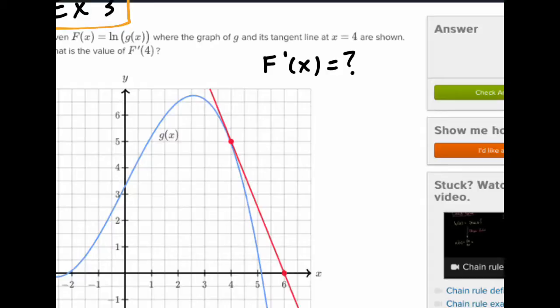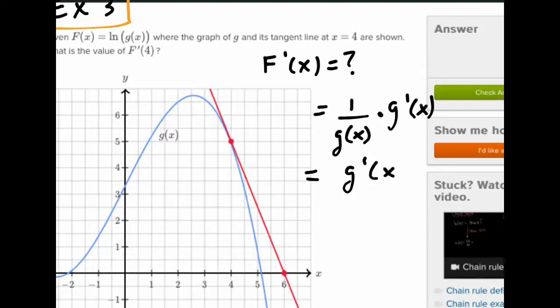So the derivative of the outside with the inside the same is 1 over g of x. Normally we'd have an x there, but we have a g of x. So that's 1 over g of x times the derivative of the inside, so times g prime of x. That simplifies to g prime of x over g of x.